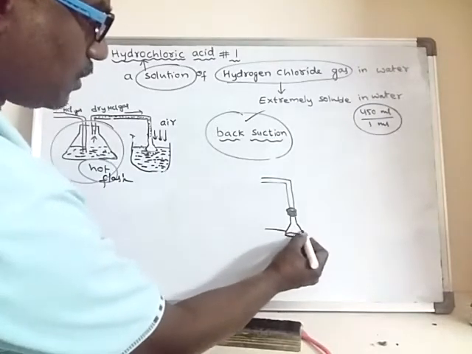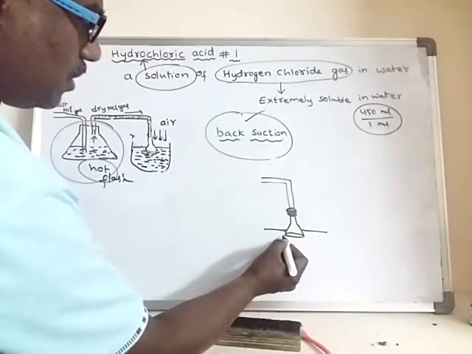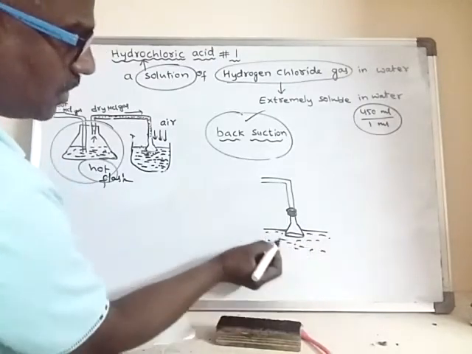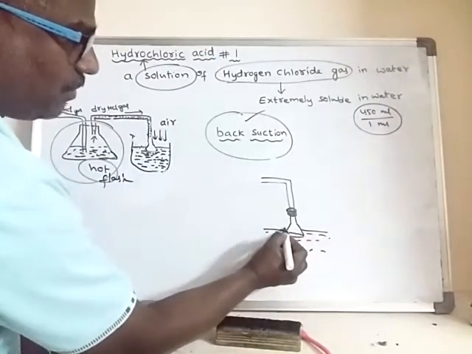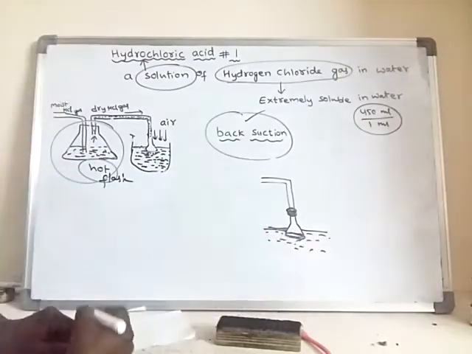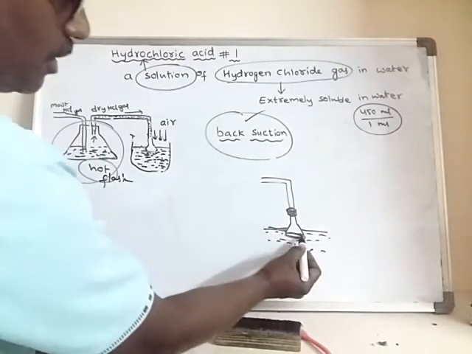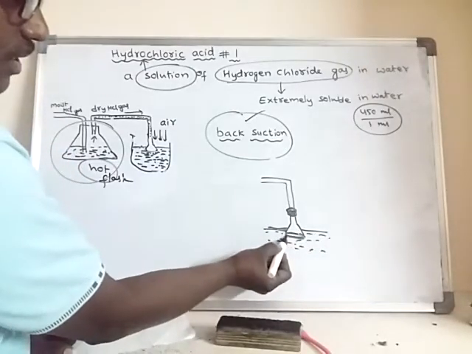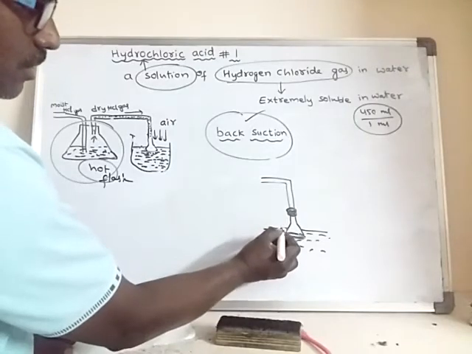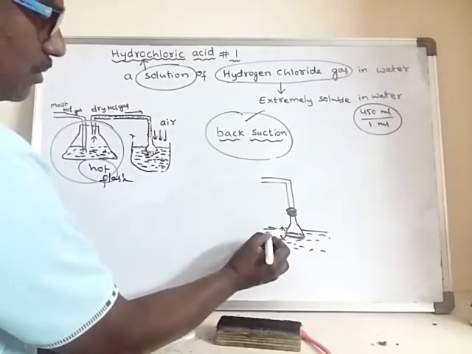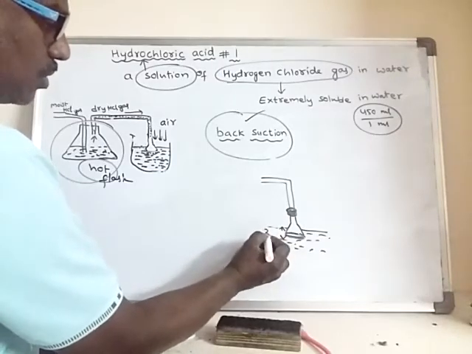Suppose this is the surface of water, then the rim of the funnel and the surface of water should be separated by 2 millimeters.